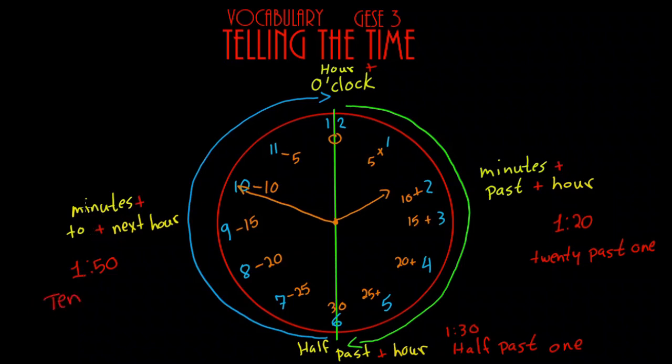So the minutes are 10. Then we would write to. 10 minutes to. And we wouldn't look at 1, we would look at the next hour. So 10 minutes to 2.